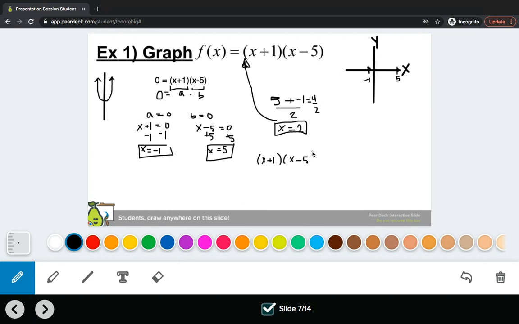And again, I know my x value for the vertex is 2, so I can go ahead and plug it in. 2 plus 1, and then 2 minus 5. 2 plus 1 is 3. 2 minus 5 is -3. 3 times -3 is -9.